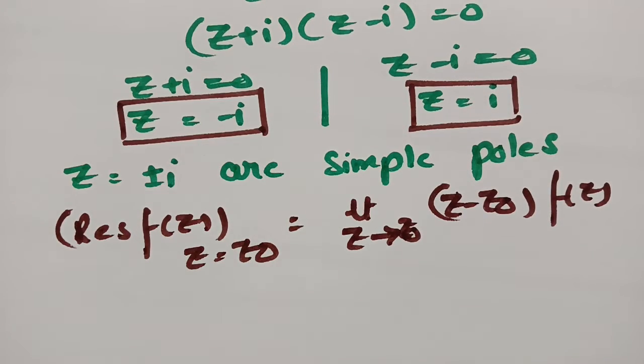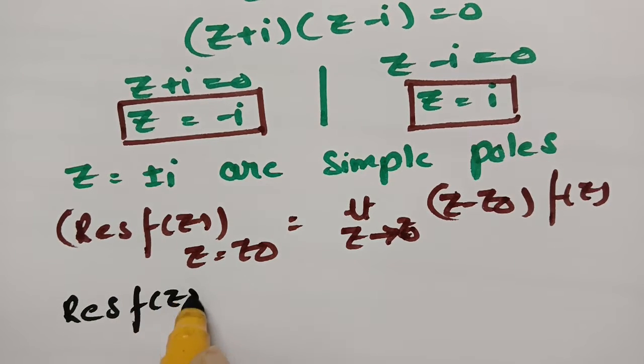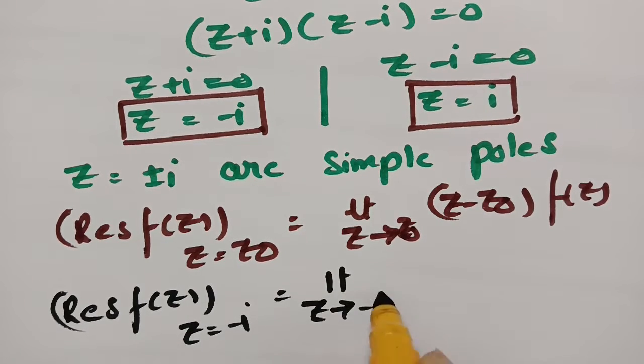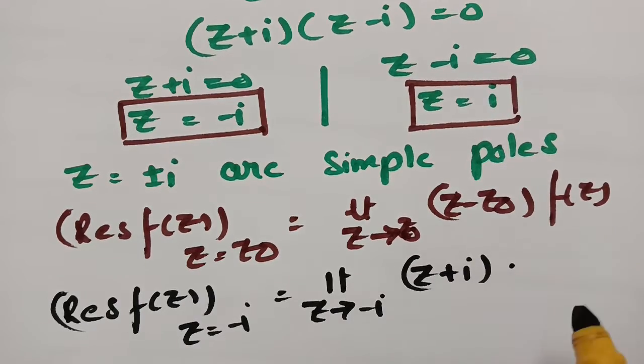Clear? Here for z naught, I am taking the first one, minus i. So the residue of f of z at z is equal to minus i is equal to the limit z tends to minus i of z minus of minus i, that is z plus i, into f of z.